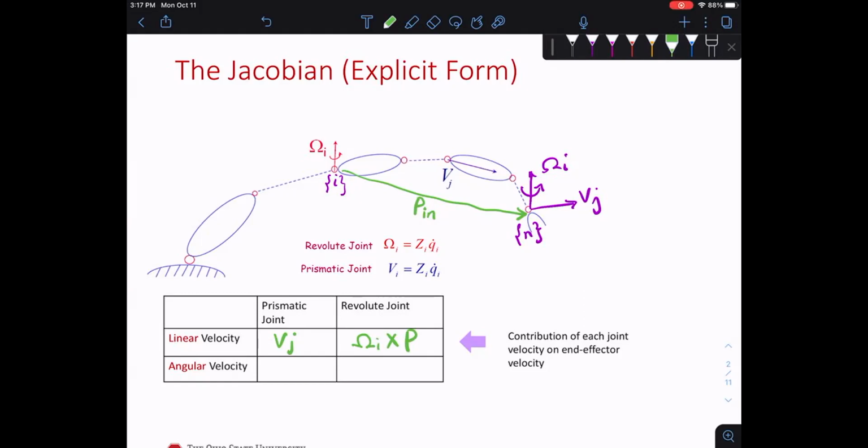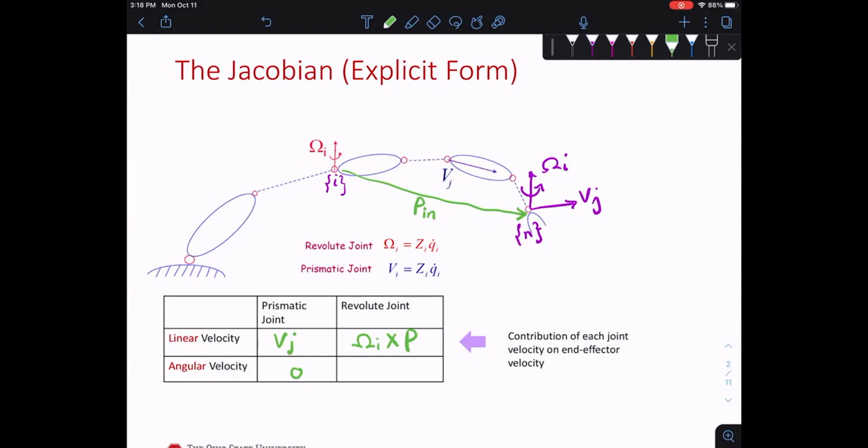Now, if you want to calculate angular velocity, what's the contribution of a prismatic joint to angular velocity? 0, right? So these zeros are important because when we are writing a Jacobian, they're all zero columns. So you need to look at your robot. If you see a prismatic joint, you know they don't contribute to the angular part of your Jacobian.